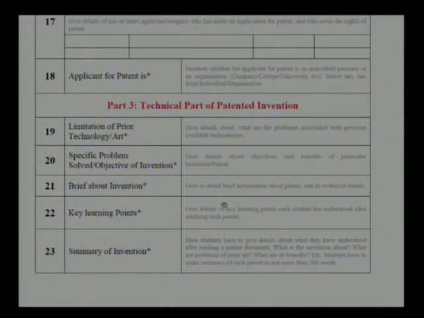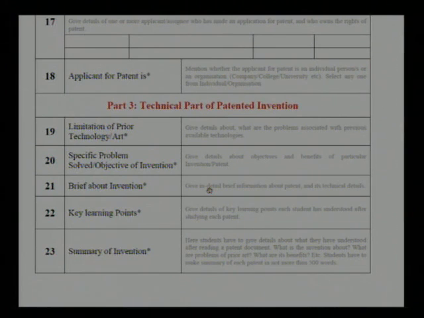So this is the requirement that every innovator or every applicant has to give full details, each and every detail related to the innovation, in the patent application. So the student has to mention all those technical details over here to describe the brief about invention.